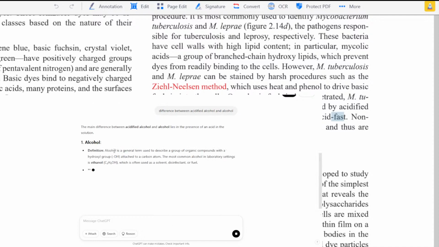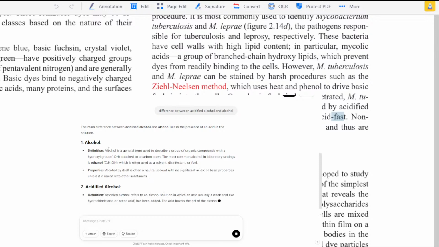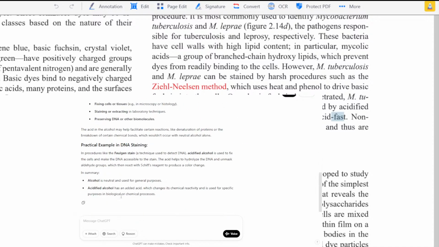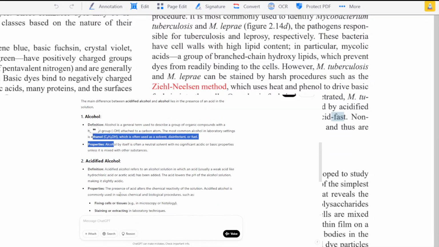Like, I know they put acid in the alcohol, right? And alcohol has the hydroxyl group, yeah. They are saying the most common is ethanol. So acidified alcohol is what? Acidic alcohol refers to an alcohol solution in which an acid, usually a weak acid like hydrochloric acid or acetic acid, has been added.